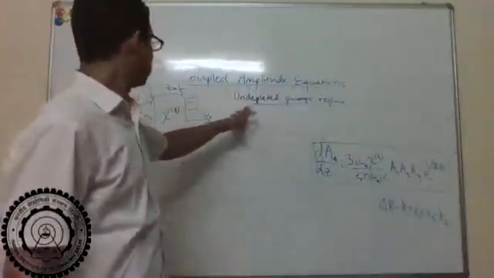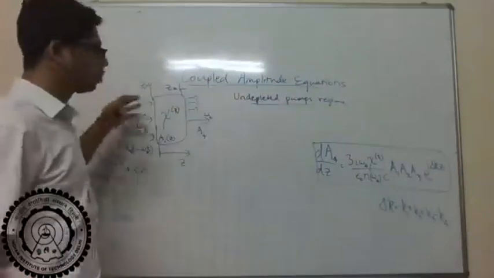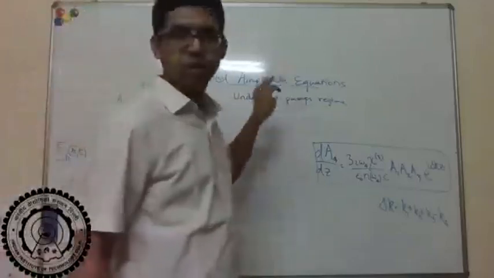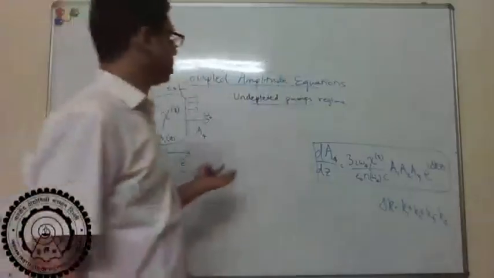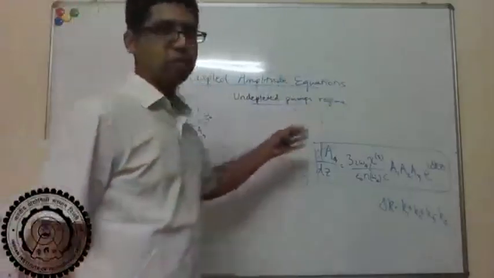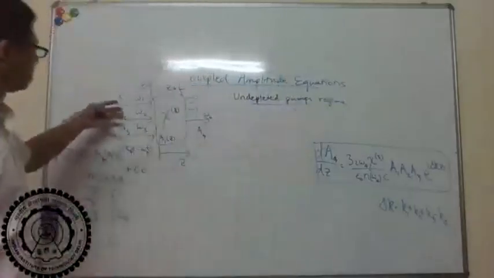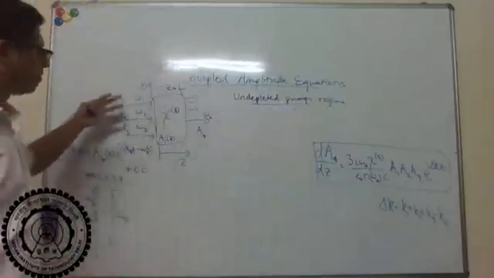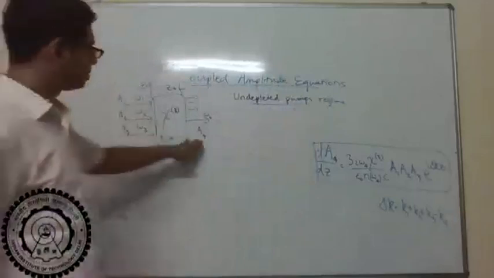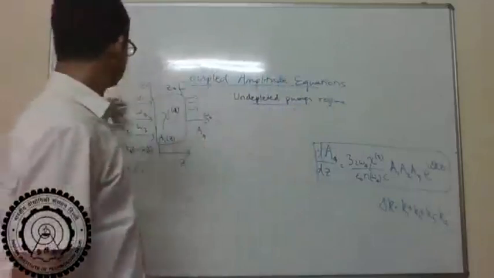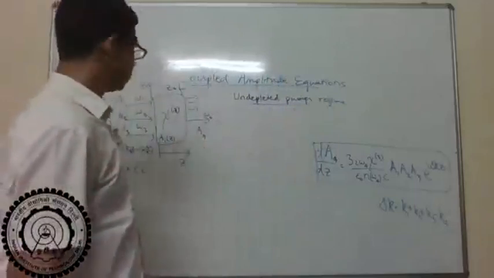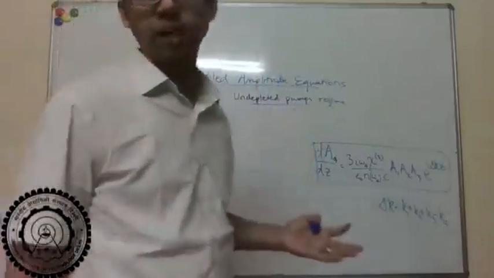Typically, the strong input fields are denoted as pumps in nonlinear optics terminology, right? So this is called the undepleted pump regime. So we are saying that the input fields are very strong, and the conversion is small enough that basically A1, A2, A3 remain undepleted.